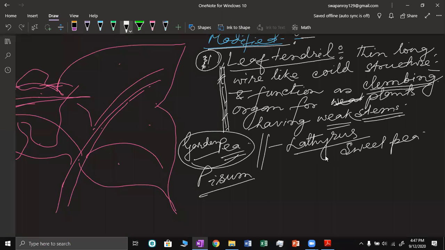In the Lathyrus and garden pea, that Pisum, in this case, what happened?